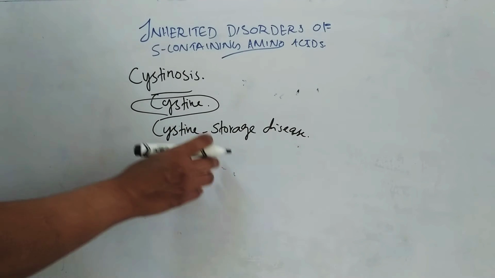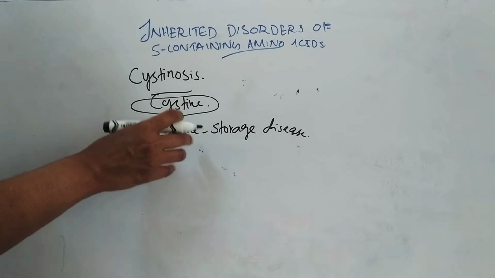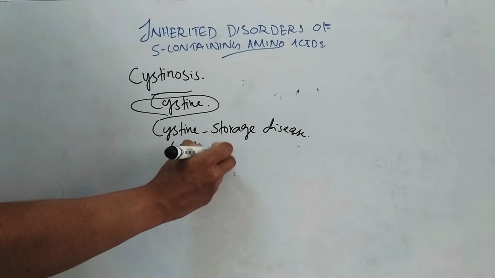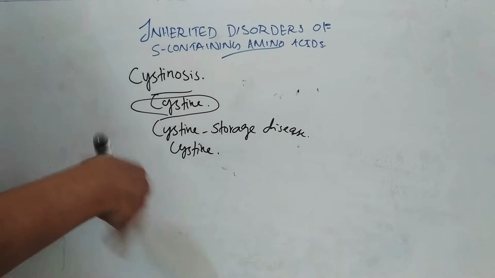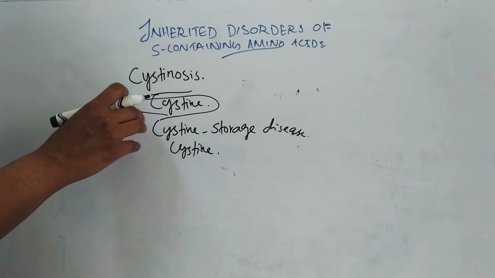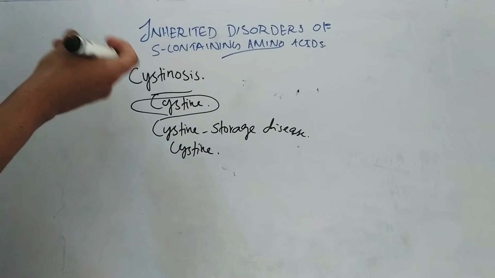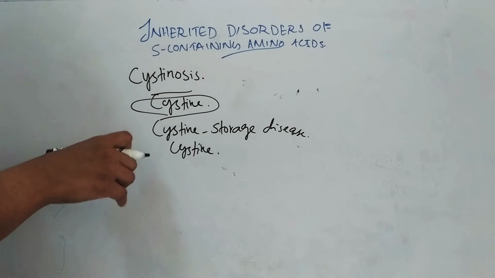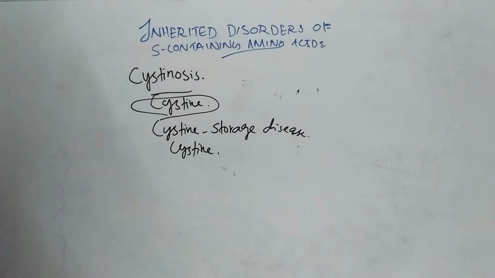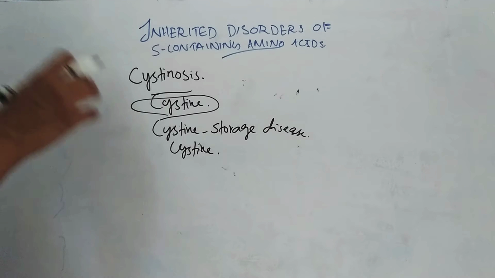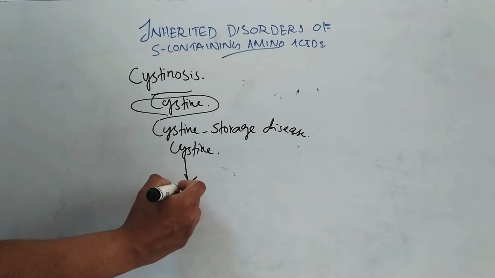It is a rare familial disease characterized by deposition of cystine, sometimes as crystals in various tissues. In patients with cystinosis, there will be accumulation of cystine in liver, spleen, bone marrow, lymph nodes, then kidneys and in cornea.